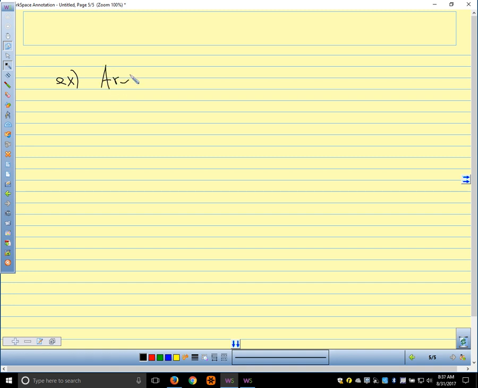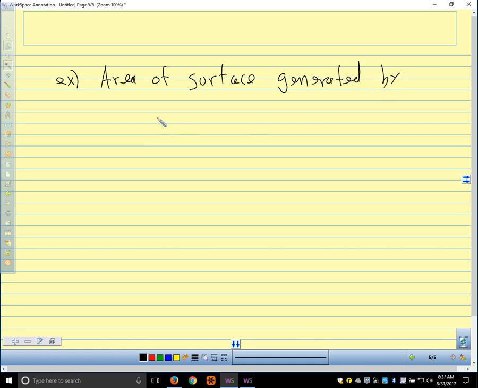We want the area of the surface generated by revolving y equals 2 square root x about the x-axis, from x equals 4 to x equals 8.